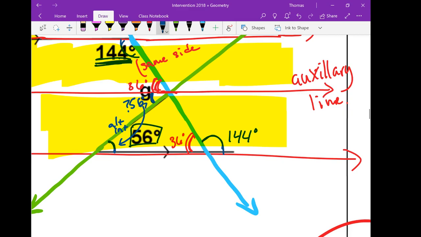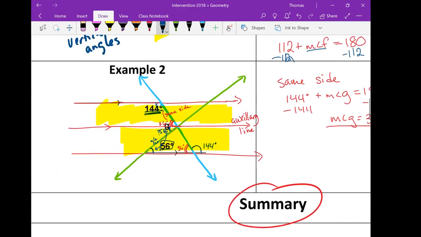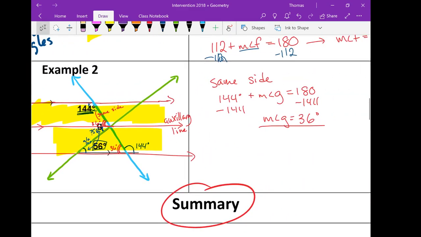Now we need to find the total for angle G. Ooh, I see a mistake I made up here. We didn't already find the angle of G. We just found part of it. I'm just going to leave a little x right here. We just found this little x. We didn't find all of it. X is equal to 36. Question mark is equal to 56. And then the measure of angle G is the total of those two.